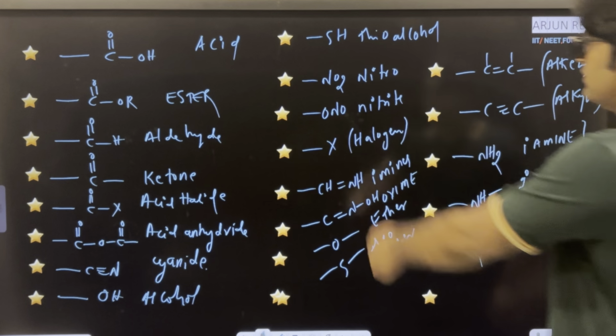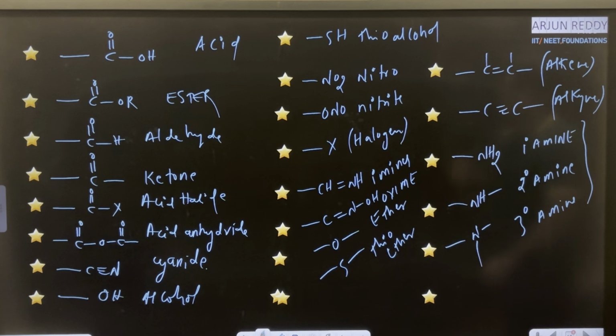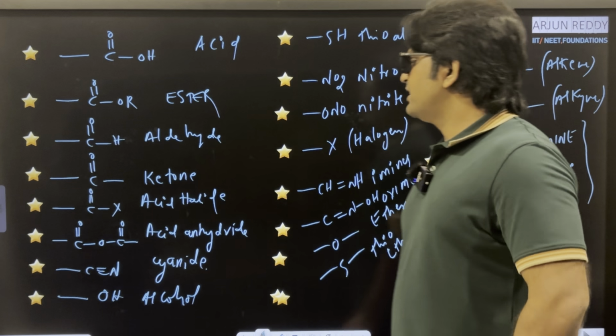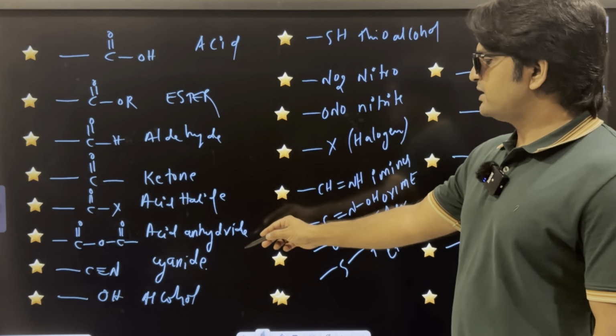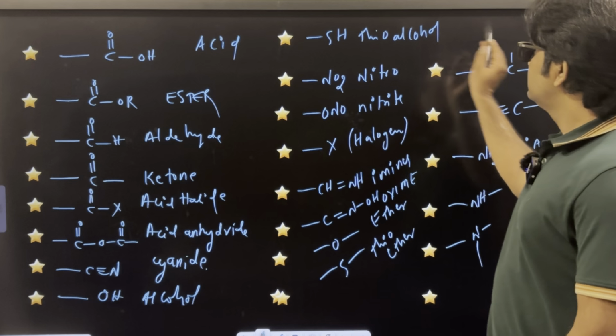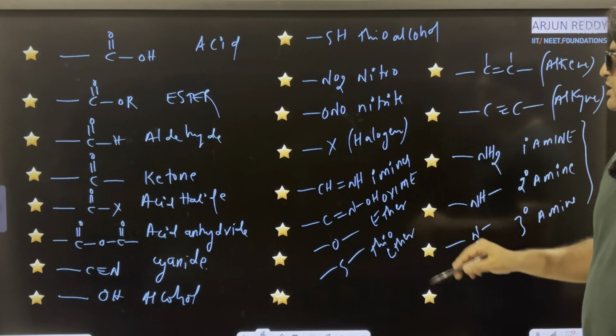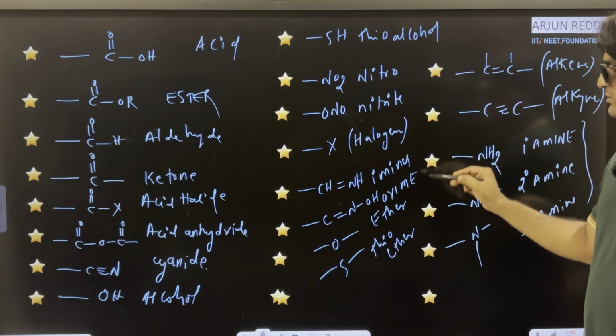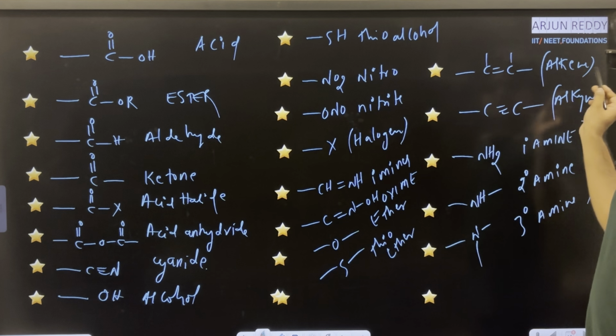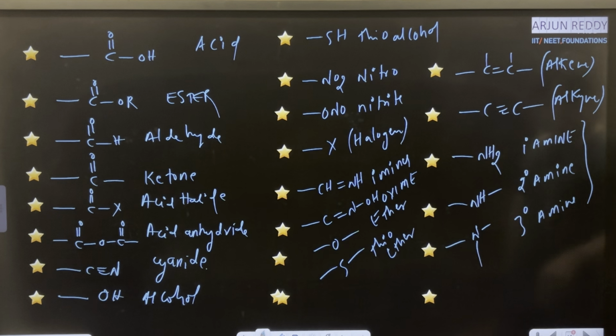Now: acid, ester, aldehyde, ketone, acid halide, acid anhydride, cyanide, alcohol, thioalcohol, nitro, nitrite, halogen, imine, oxime, ether, thioether, alkene, alkyne, primary, secondary, tertiary amines.